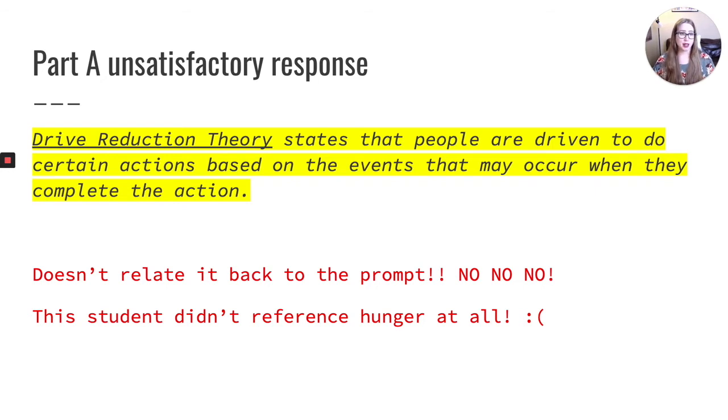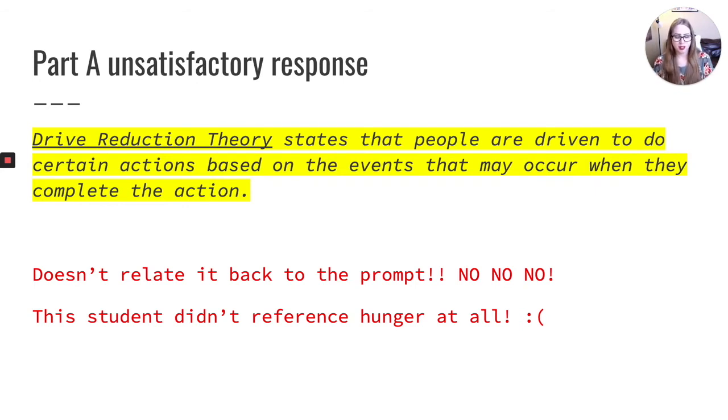Well, they didn't relate it back to the prompt, right? They don't mention anything about hunger and how drive reduction theory plays a role in hunger, right? They didn't apply that at all, so they didn't get their point. Even though they did define drive reduction theory correctly, they didn't do what the question asked them to do by applying it to hunger. So just make sure you do both parts there, and you'll be able to get your points, no problem here.